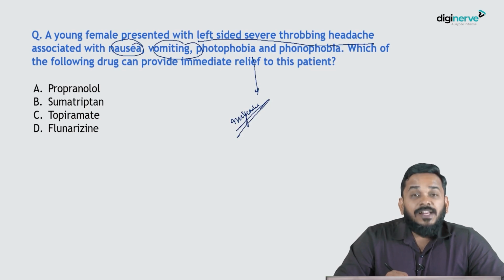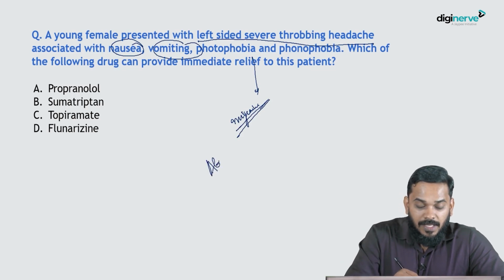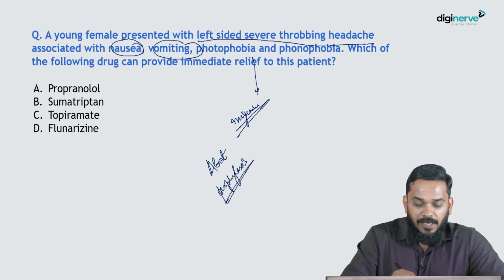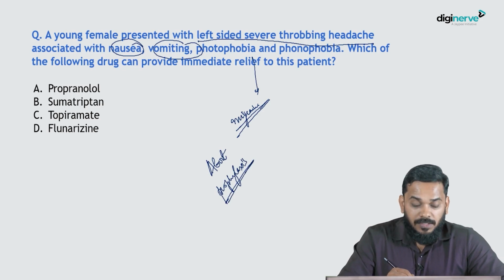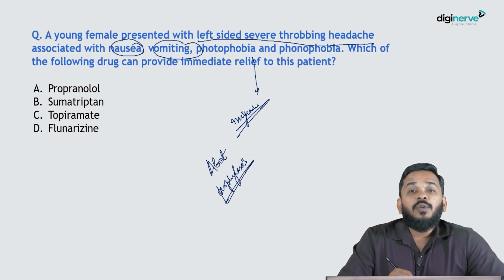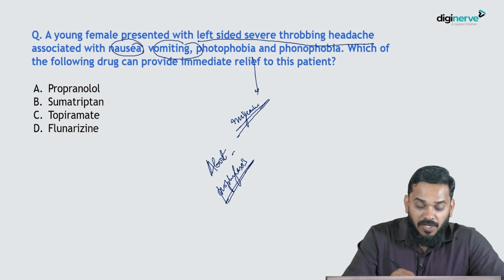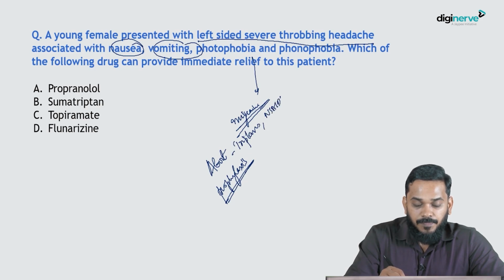So, for the treatment of migraine, there are agents that abort an acute attack of migraine, and there are agents that prevent attacks of migraine. The agents that abort acute attack of migraine are called as abortive agents, which include two groups of agents, triptans and NSAIDs.